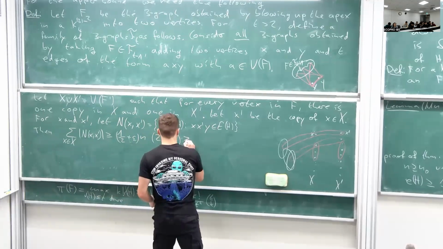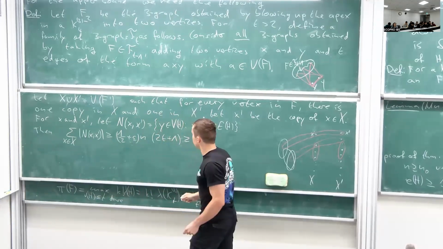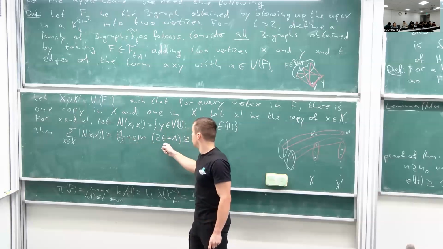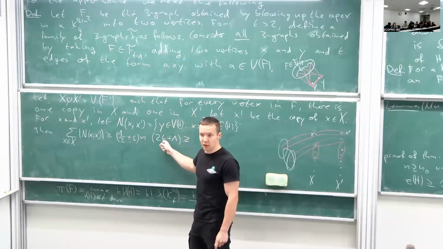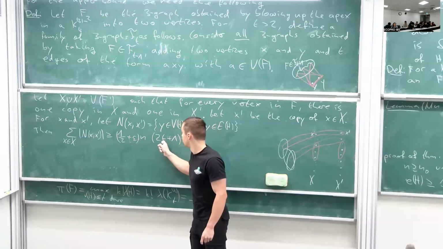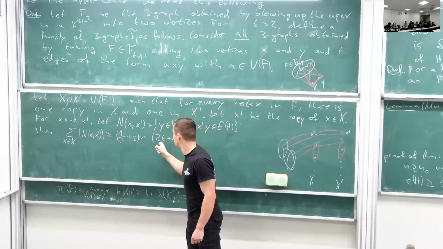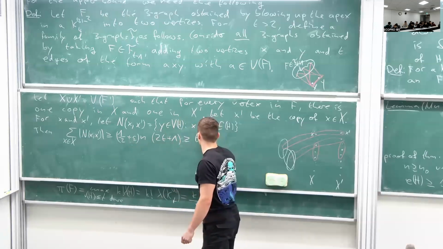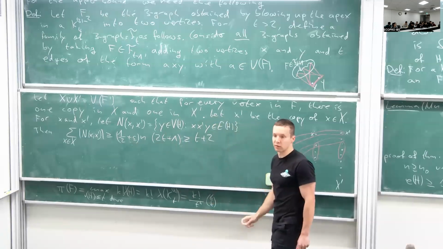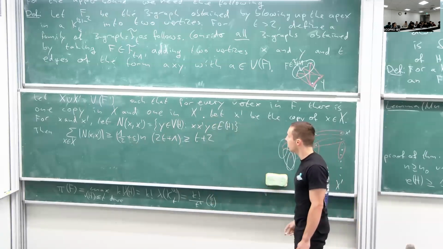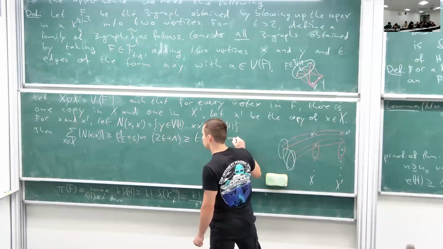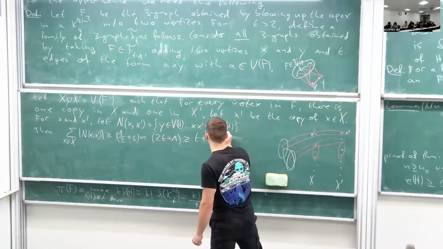Here we essentially have t, but because our t is much larger than epsilon, we certainly still get something when we multiply this 2t times epsilon. So this is greater or equal to t plus 2 times n.